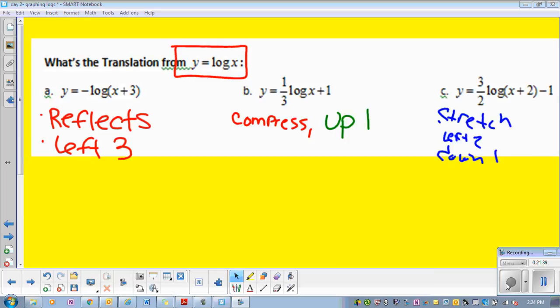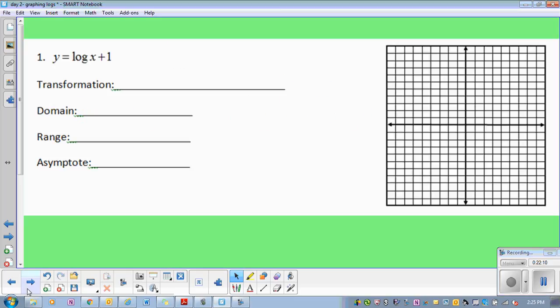For B, that is up 1, because that plus 1 is not in parentheses with the x. Good job on the compress. C. This is a stretch. 3 over 2 is greater than 1. So just because you look at it and go, wait a minute, it's a fraction. No, because it's a greater than 1 fraction, so it does stretch.